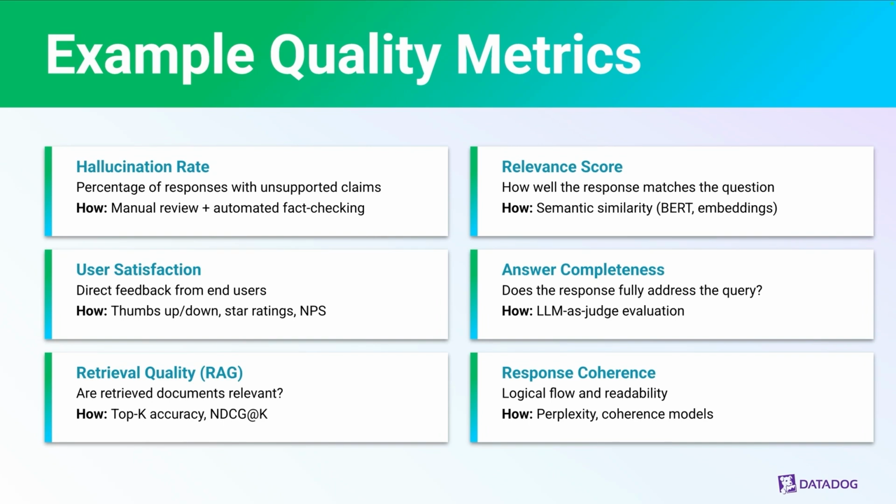Third, user satisfaction. Fourth, answer completeness. And before last, retrieval augmented generation, where you must measure your retrieval quality. And finally, your response coherence. By implementing these metrics, you gain the complete multi-dimensional view of quality necessary to optimize your app.